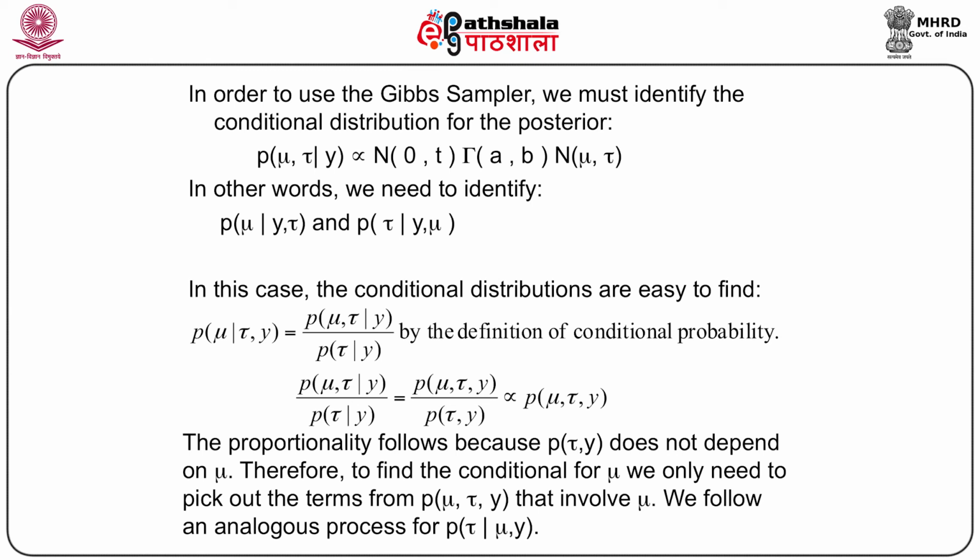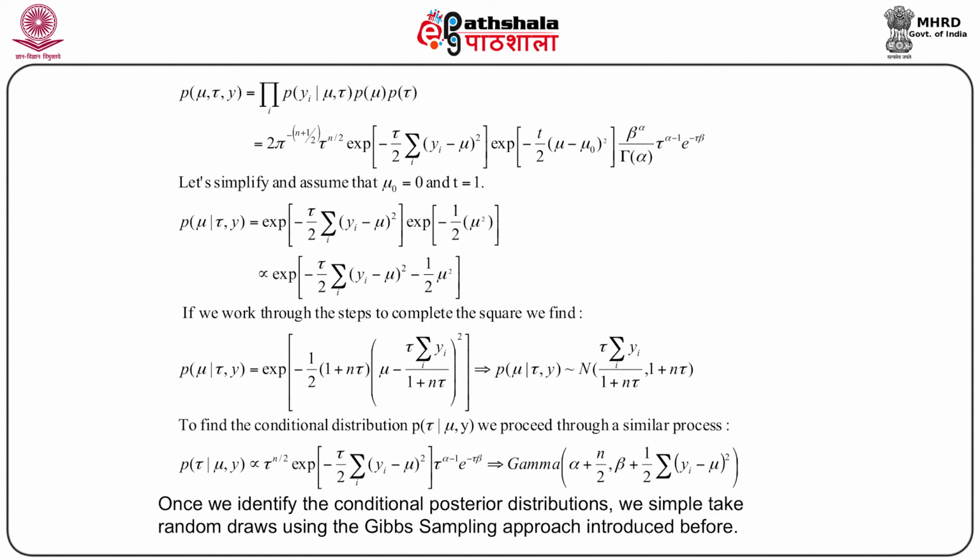Therefore, to find the conditional distribution for mu, we only need to pick out the terms from P(mu, tau, y) that involve mu. We follow an analogous process for P(tau | mu, y). There are long expressions given here, but you can see that essentially we can simplify, and if we assume that mu_0 is 0 and t equals 1, then the conditional densities all simplify.